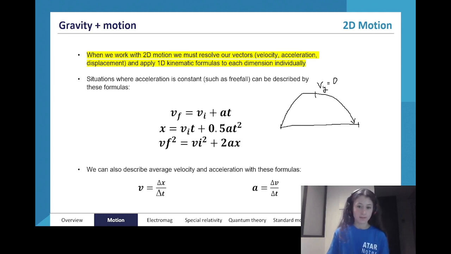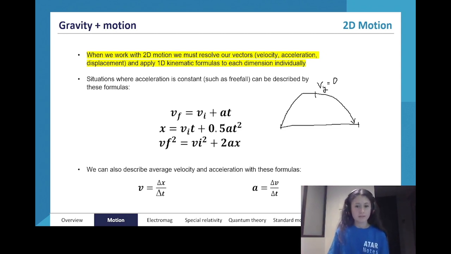Remember that the horizontal velocity is going to be constant because there's no acceleration acting in the horizontal direction. There's only acceleration acting downwards, or vertically. So there's going to be acceleration vertically but not horizontally.